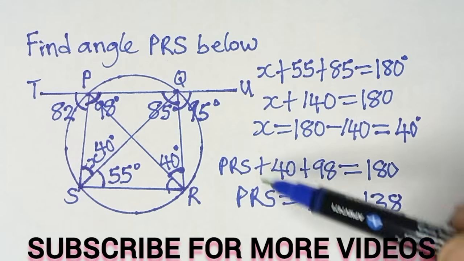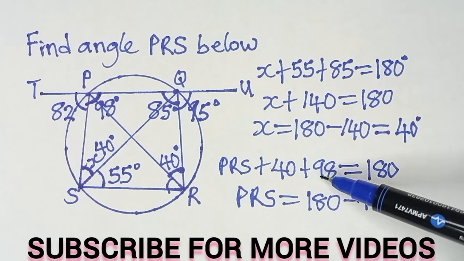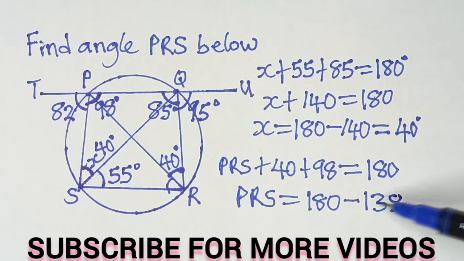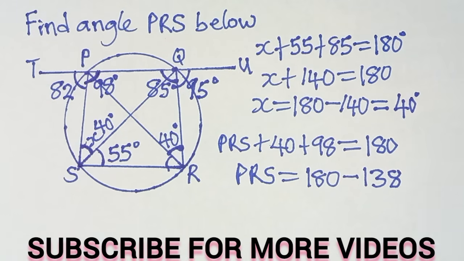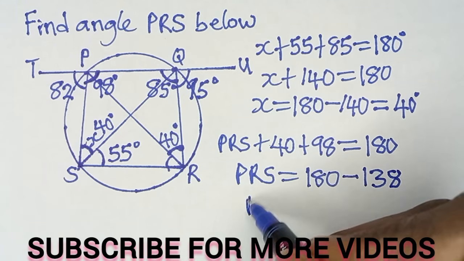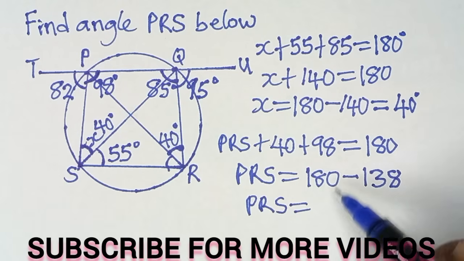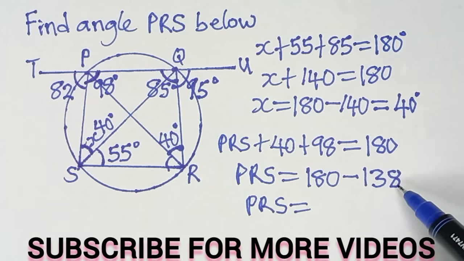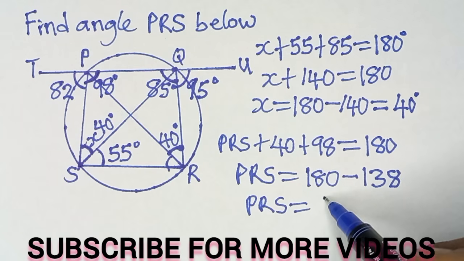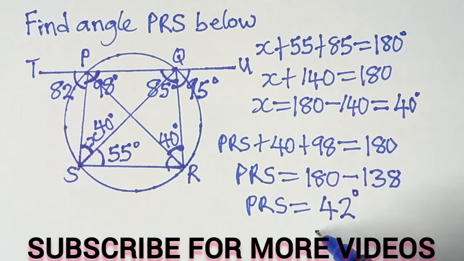The sum of these two, when it crosses to this side, because here it is positive, it becomes negative. So from there, I can get the value of PRS. So angle PRS is equal to 180 minus 138, which is going to give us 42 degrees as the final answer. Hope you got it fully.